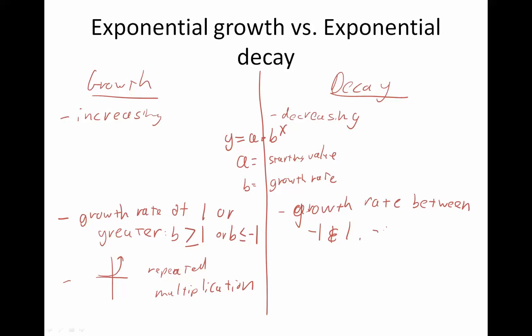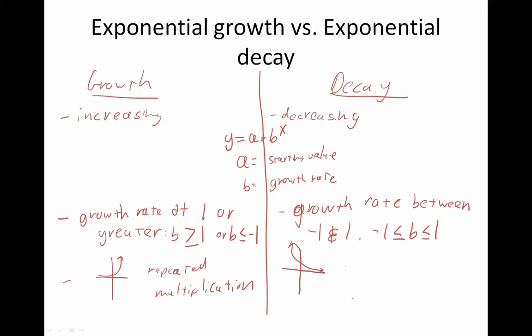In other words, it's a number between -1 and 1. And a decay function will look like this, and we'll do some examples of this later on. See how it has that same kind of curve? It's just instead of curving up to the right, it curves up to the left.